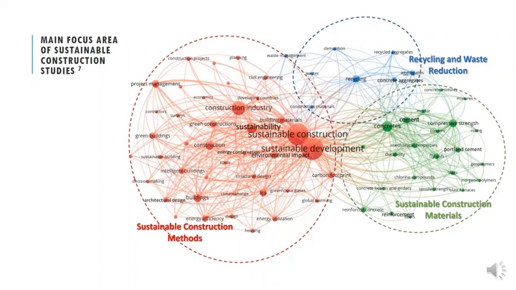In VOSviewer, you need to name the clusters on your own. In my case, the red cluster is named the Sustainable Construction Methods cluster, the blue cluster the Recycling and Waste Reduction cluster, and the green cluster the Sustainable Construction Material cluster.